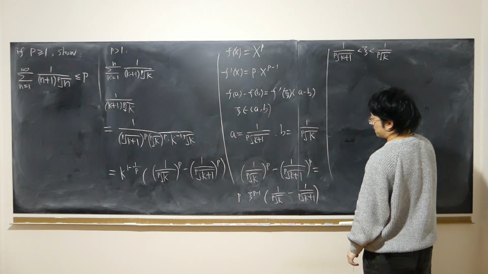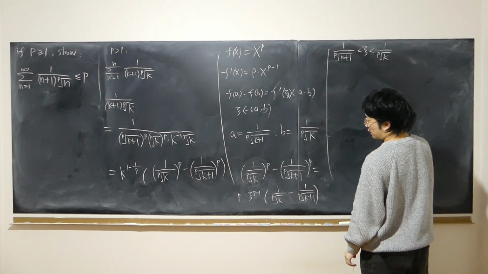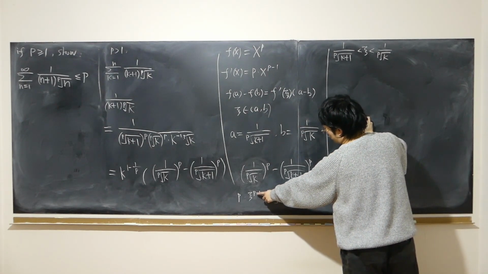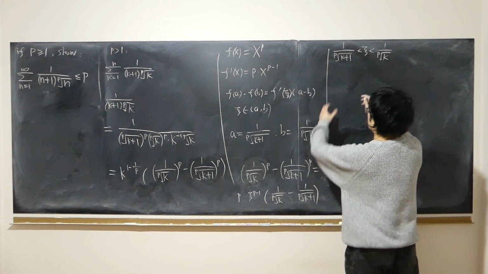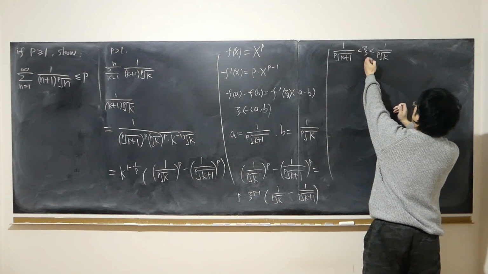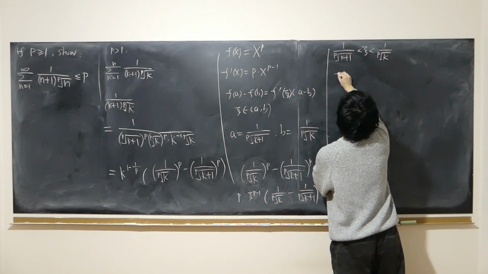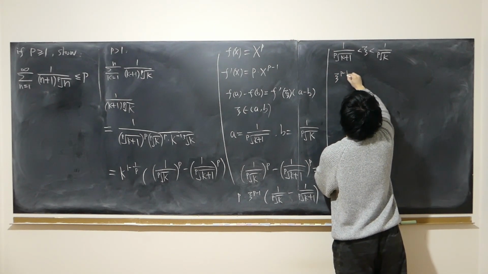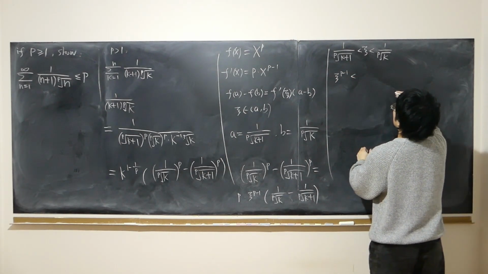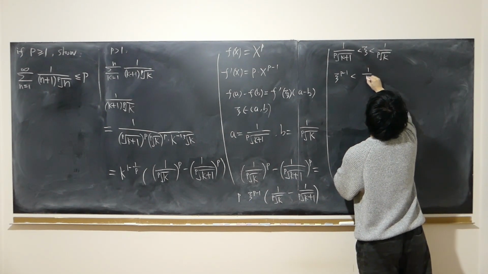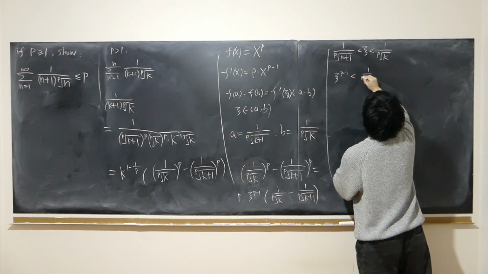So because p is greater than 1, p minus 1 is greater than 0. So we can just raise to the power of p minus 1 on both sides and maintain the inequality. So c to the power of p minus 1 is smaller than this raised to the power of p minus 1.